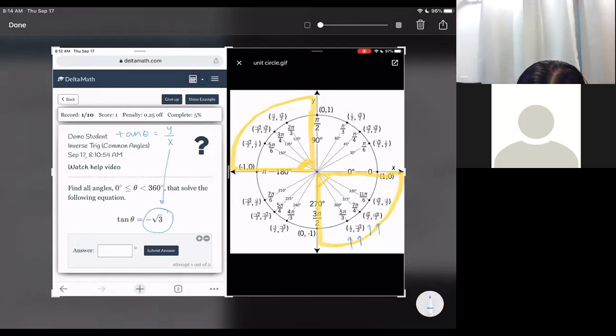You want that because if you're going to divide them and you want the answer to be a negative number, you need one of them to be positive and one of them to be negative.